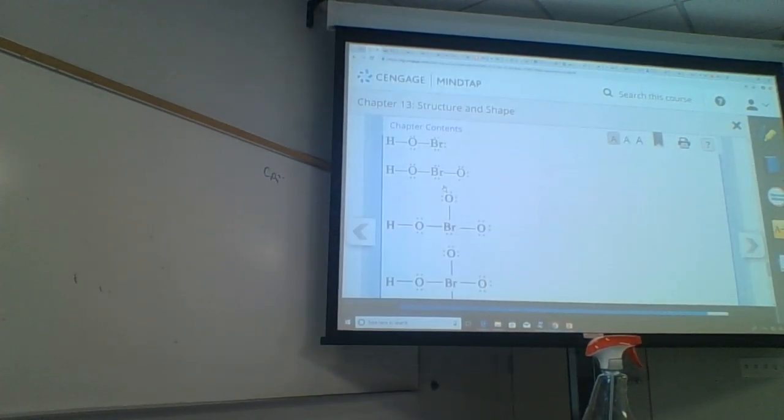Okay, when we think about acids, acids have H plus, the acid, or hydronium, H plus. And so the more positive the hydrogen is, the more acid or acidic it is going to be.